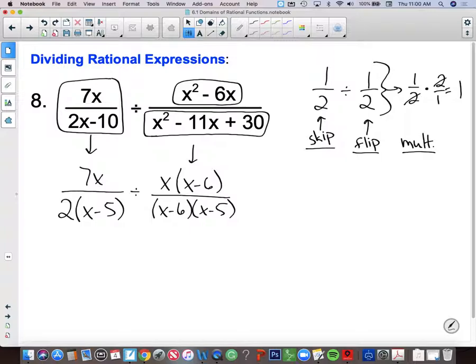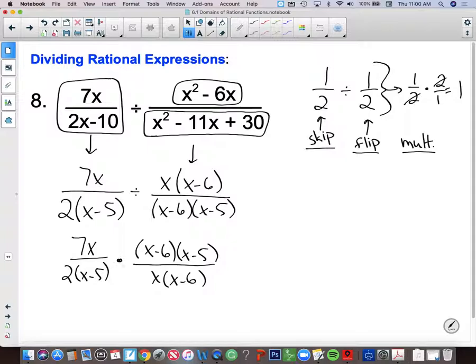Okay, so let's apply that idea to this one over here, to the rational expressions. So we skip the first one. All right, so we just rewrite it, and then we flip the second one. So x minus 6 over x minus 5, and then x times x minus 6, and then we multiply. Okay, so since we're multiplying, we're kind of just going straight across. So I got an x minus 5 that's going to cancel there.